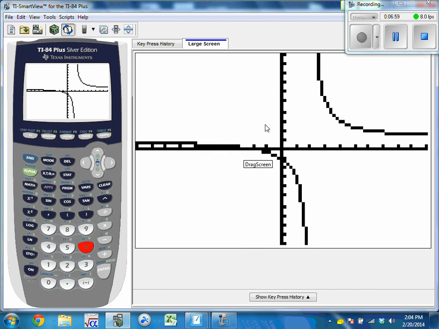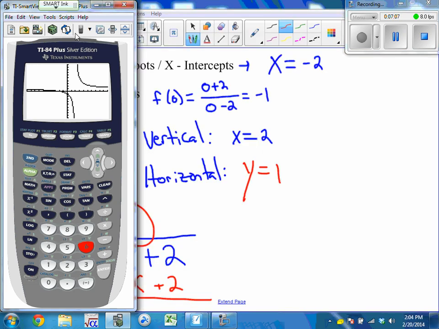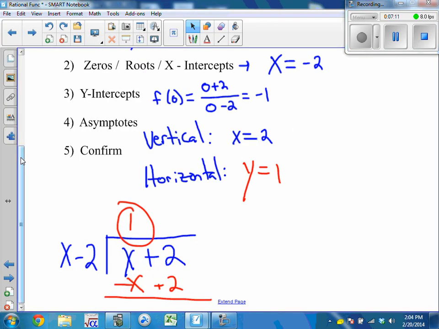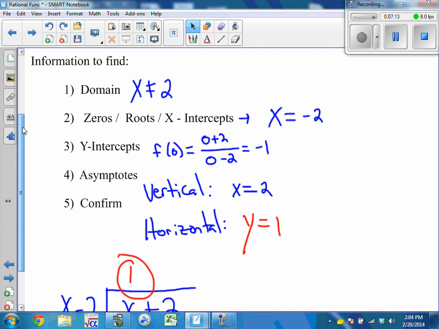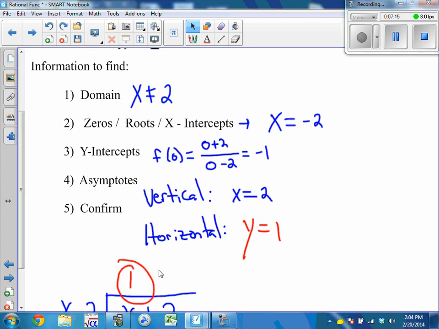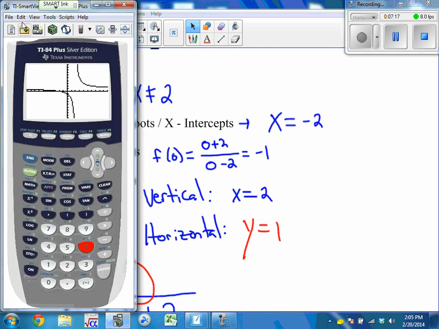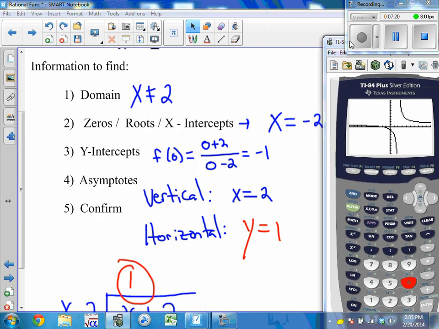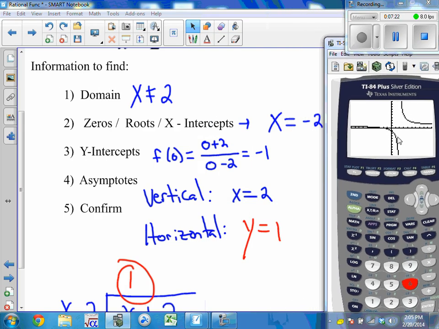Our vertical asymptote is at 2. It doesn't cross there.